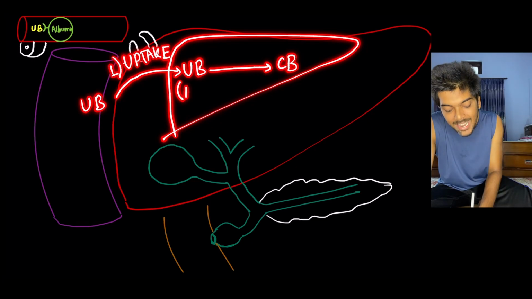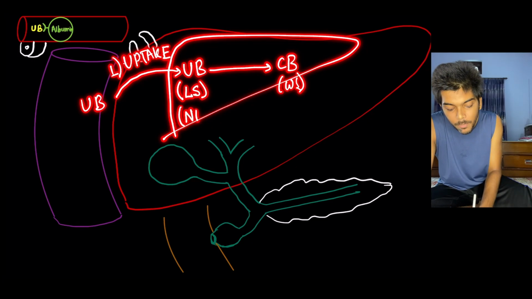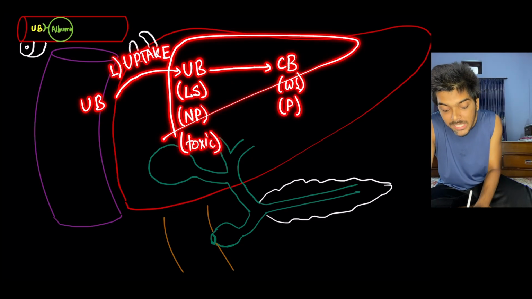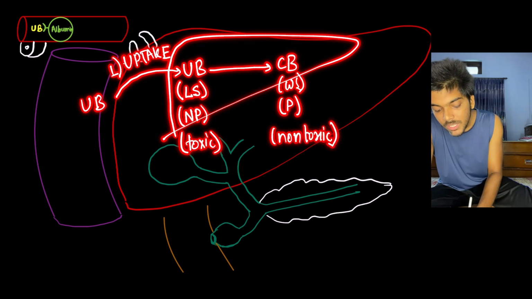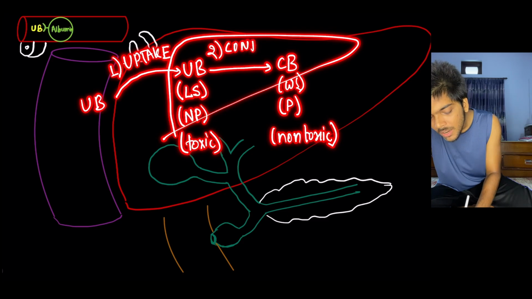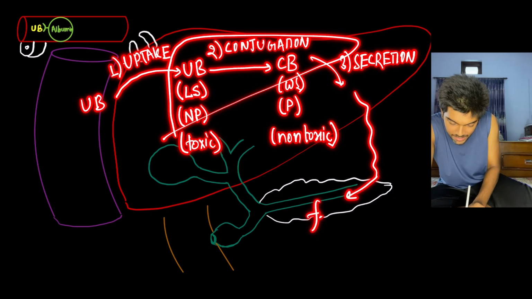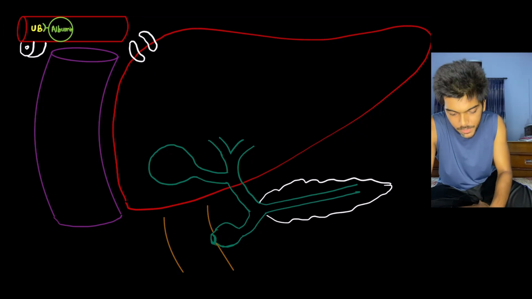As a result, lipid soluble bilirubin becomes water soluble bilirubin, or non-polar bilirubin becomes polar bilirubin, or toxic bilirubin becomes non-toxic bilirubin. The process is called conjugation, and finally it is secreted into the body, and then it can get excreted through feces and urine. Okay, so let's see these three steps.